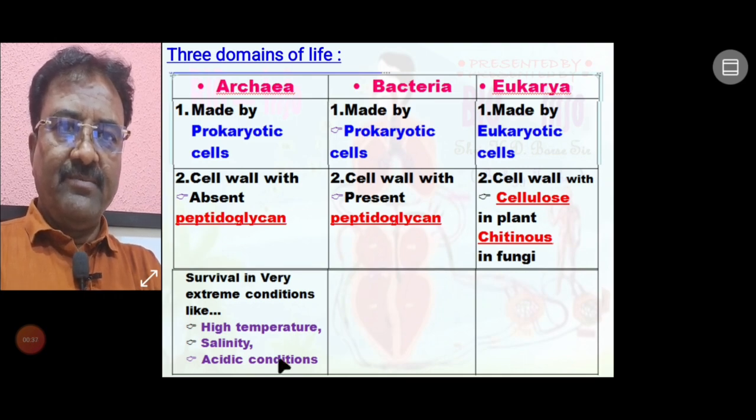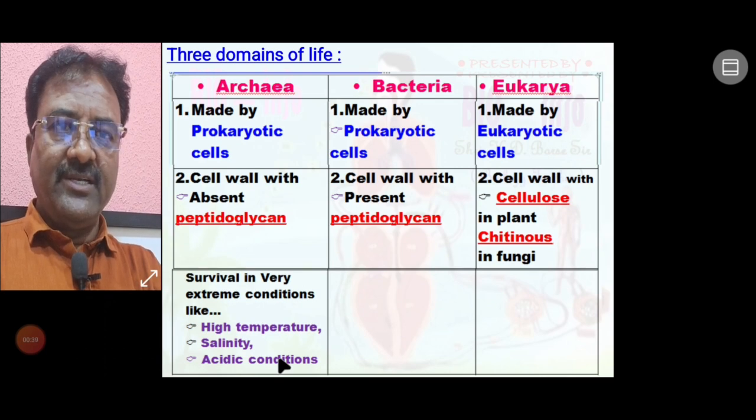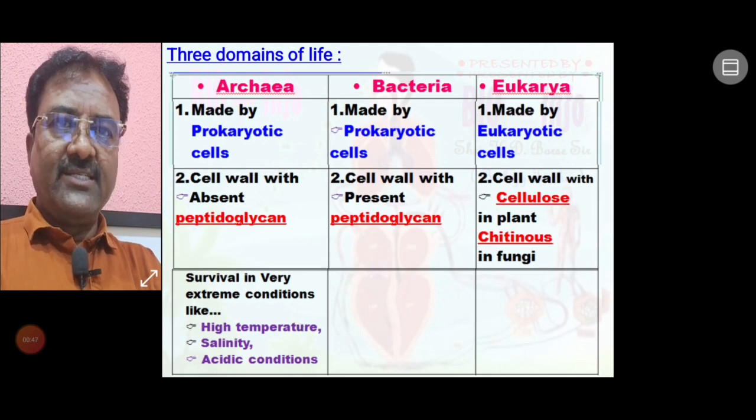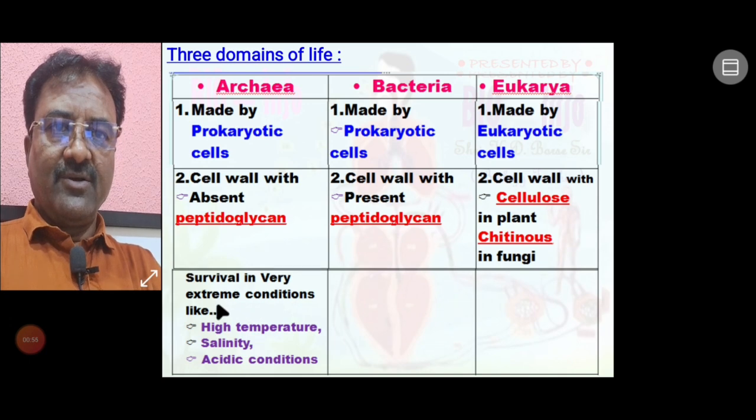This type of extreme condition is not tolerated by bacteria or eukarya. So this is the most important characteristic feature seen in archaea: tolerating extreme conditions like high temperature, salinity and acidity.